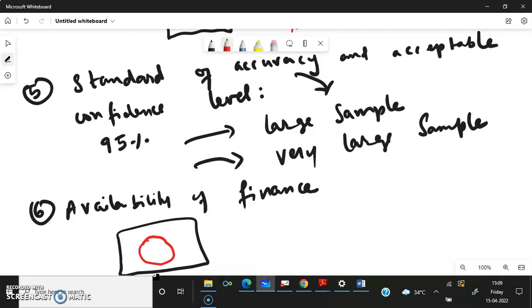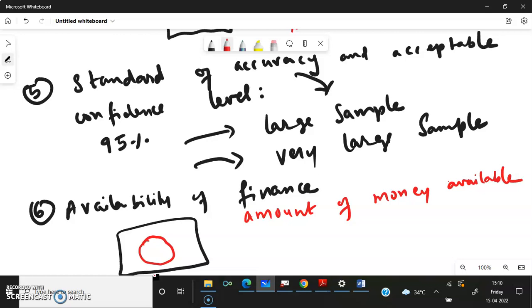So, in practice, size of the sample depends upon the amount of money available. Whatever amount of money is available, accordingly, I will select the sample.